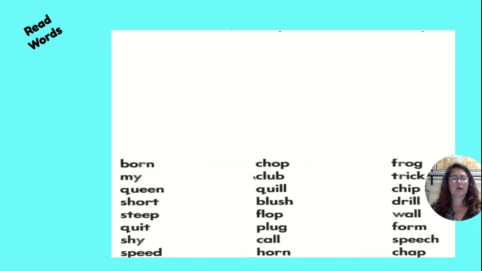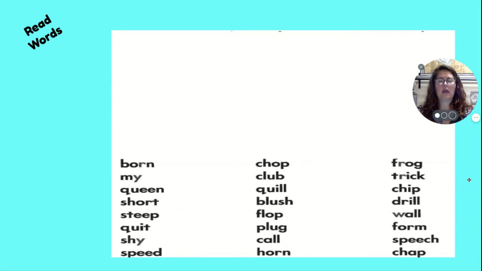Okay, now after you've done all that, we're going to the read words section. So you will take a moment and pause the screen and take your finger and read each word. You can sound out, but then make sure that you say the word as a whole word afterwards. If they make an error, say let's trace.